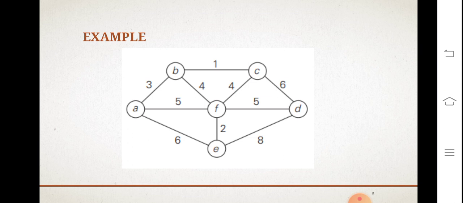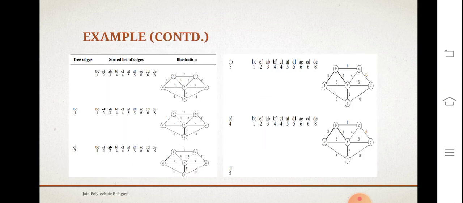How to begin with this? Here we have edges like AB, BC, B to F, A to E, A to F, C to F, F to D, and D to E. Something like this we have edges.